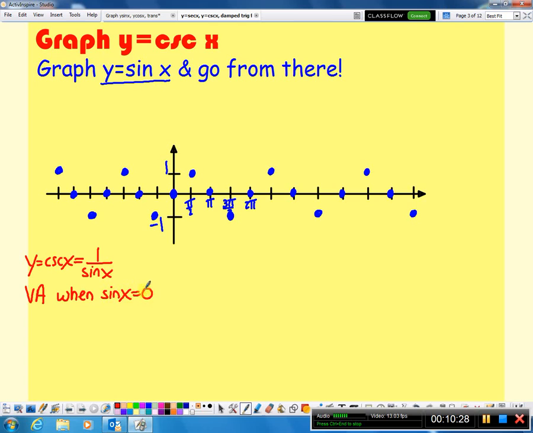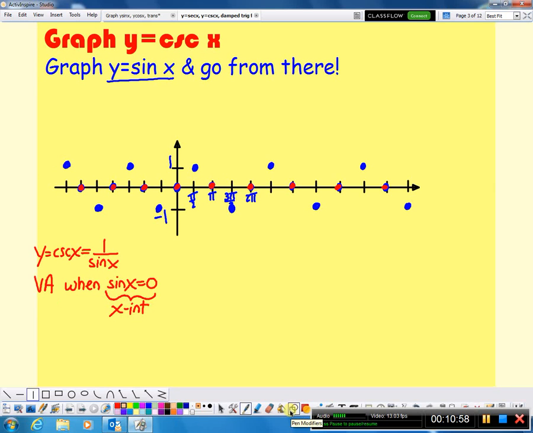And if sine x is equal to 0, I'm looking at the x-intercepts of the sine graph, or the middle points on the sine graph. So all these middle points right here on the sine wave, the ones that are currently on the x-axis, it's through those points that I need to create some vertical asymptotes. So that's what I'm going to do now, draw my vertical asymptotes through.